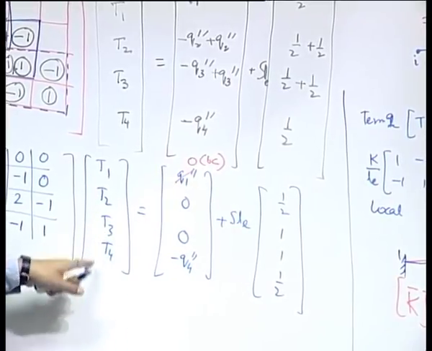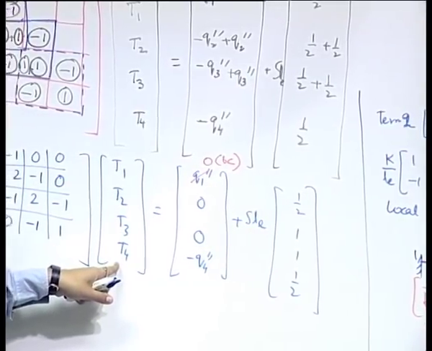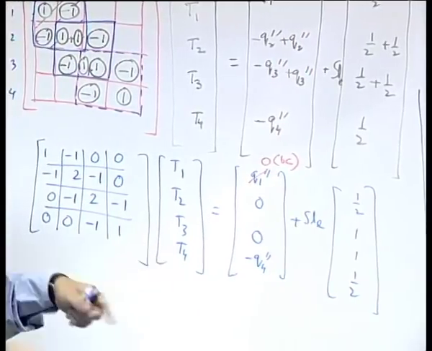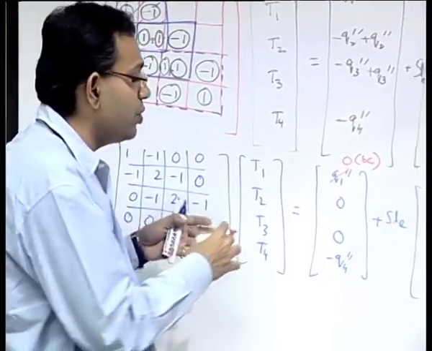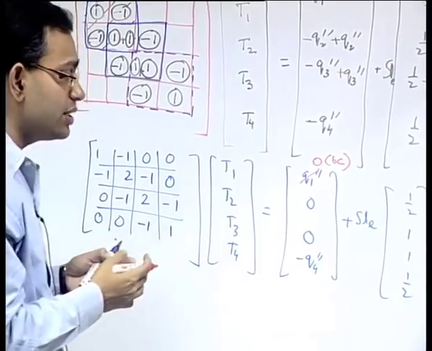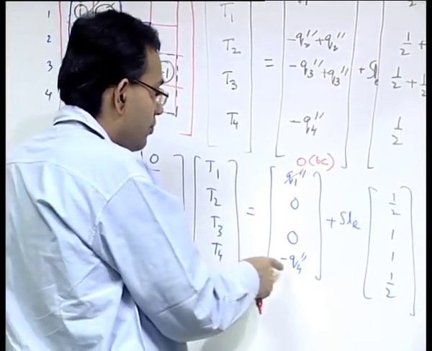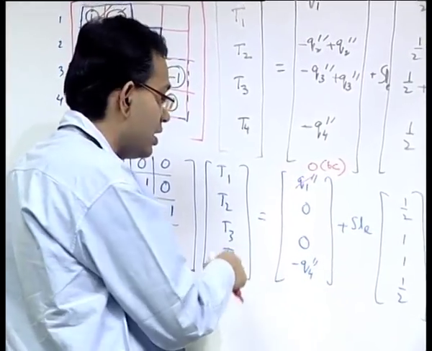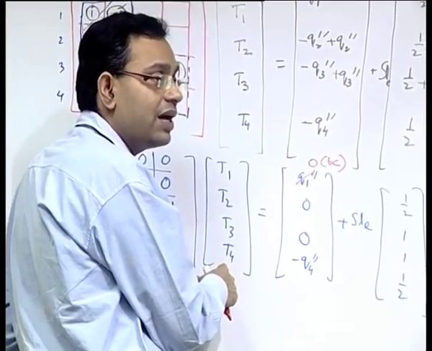So since T4 is specified, solution of that is not necessary. But let us say you are using a computer program which does not know that T4 is specified, but it still intends to solve despite the fact that it is specified.